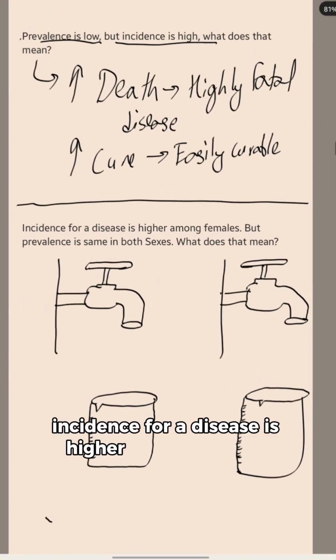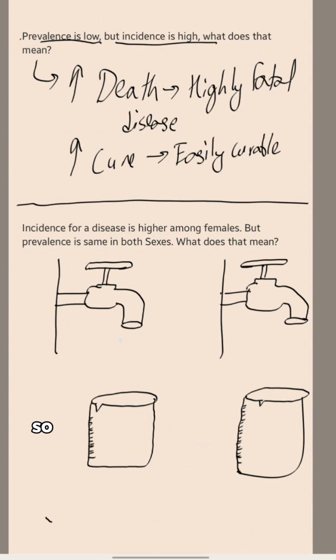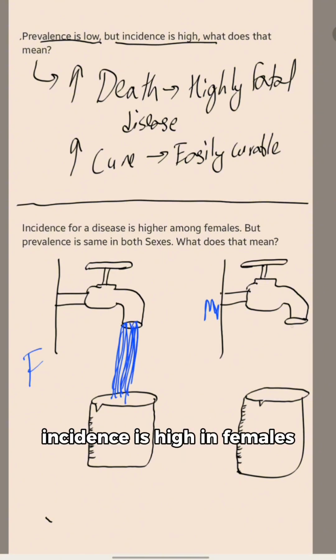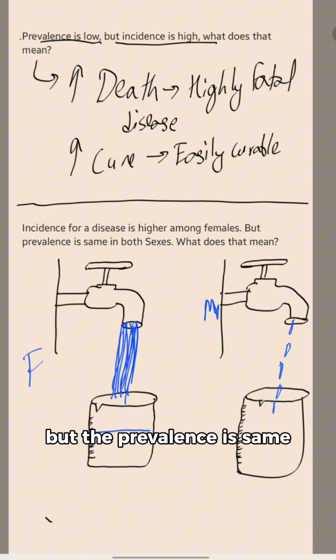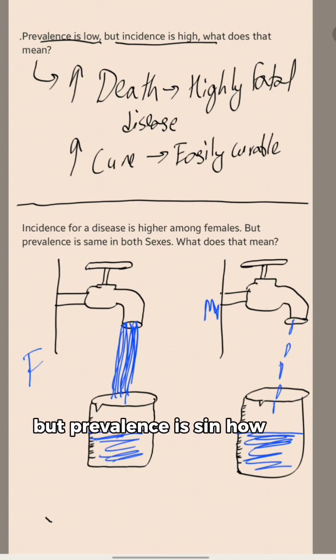Incidence for a disease is higher among females, but prevalence is same in both sexes, right? So incidence is high in females. This is female, this is male, right? This is male tap, that is female tap. Incidence is high in females, but incidence is very low in male, but the prevalence is same at this level. How can this happen?